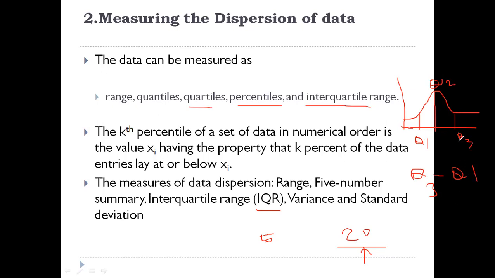Assume Q3 is 75% and Q1 is 25%. 75 minus 25 is obviously 50. What is the IQR value? IQR value is 50. Why? Because IQR equals Q3 minus Q1, interquartile range equals Q3 minus Q1.